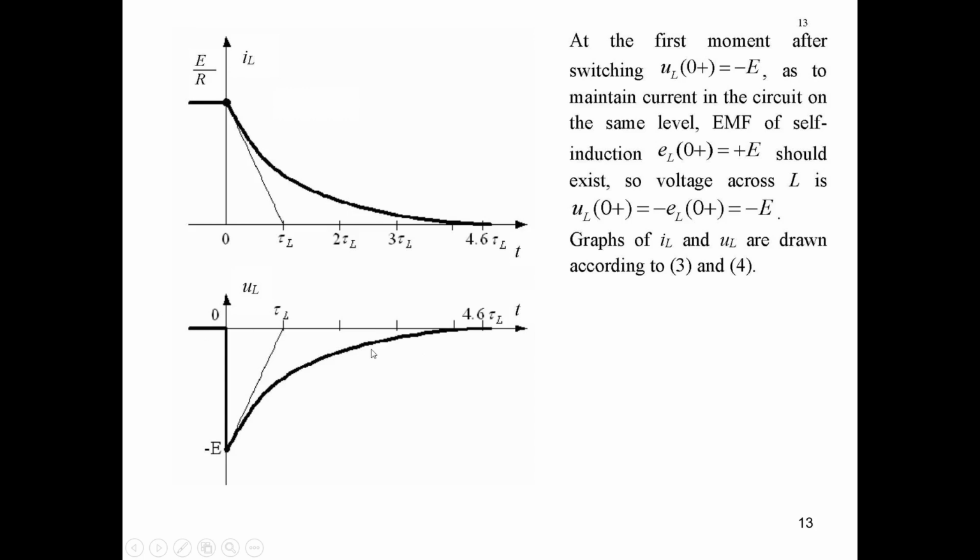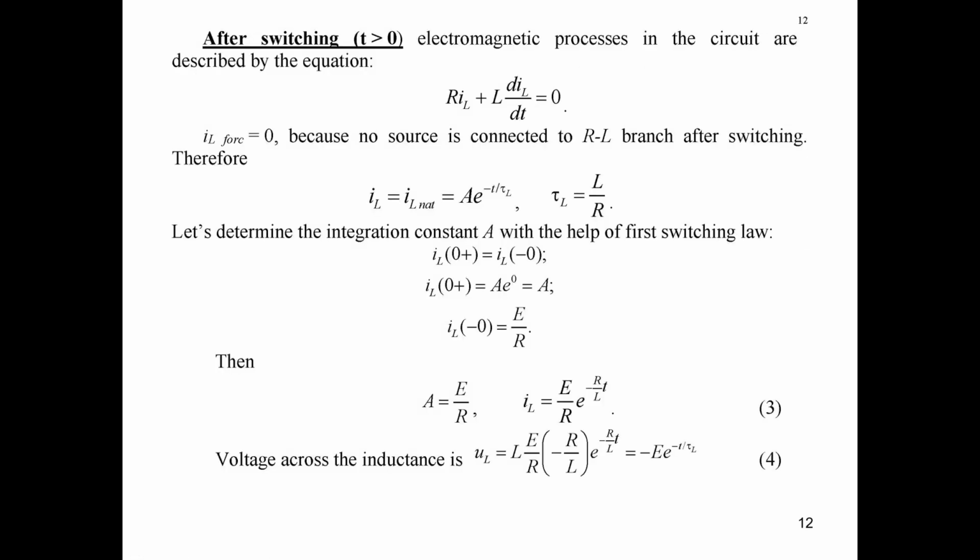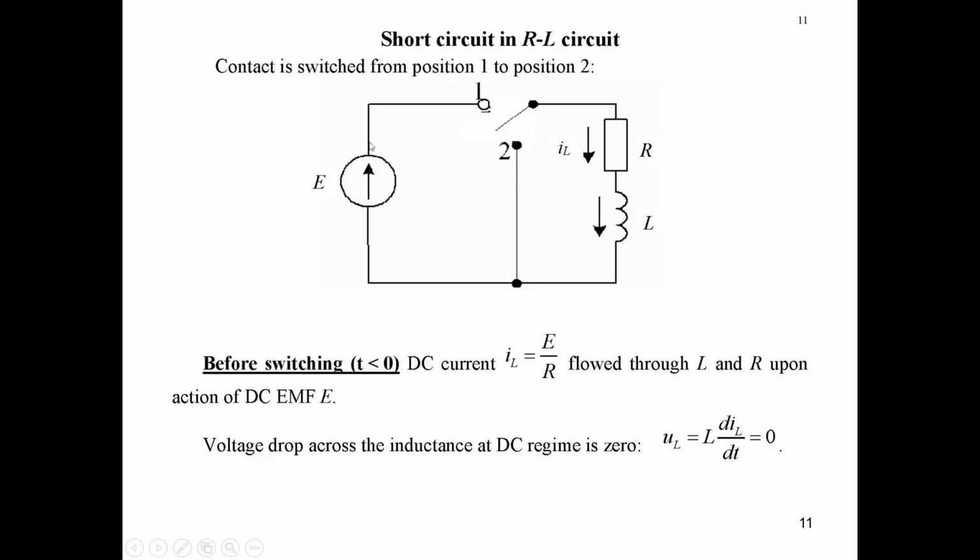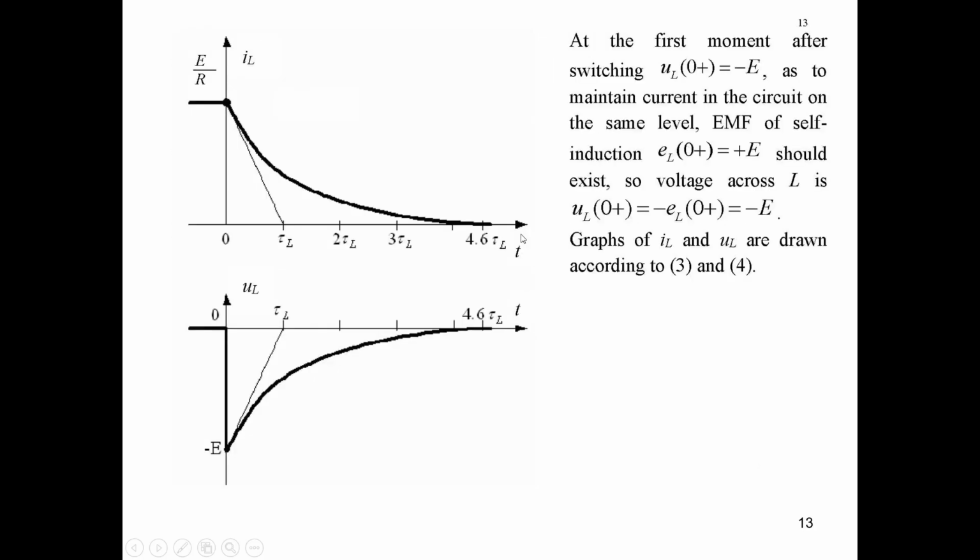Before commutation, as I have told you, the voltage drop across inductance was equal to 0 because it was a steady state DC process, and in such processes inductance behaves like a short-circuited part of the schematic. So it was equal to 0, and this voltage drop will be equal to 0 when t tends to infinity, because this branch will be disconnected from the source. So it was 0 and it will be 0.